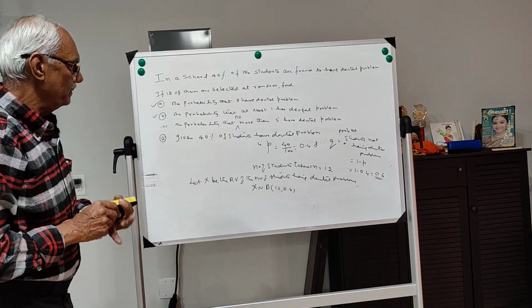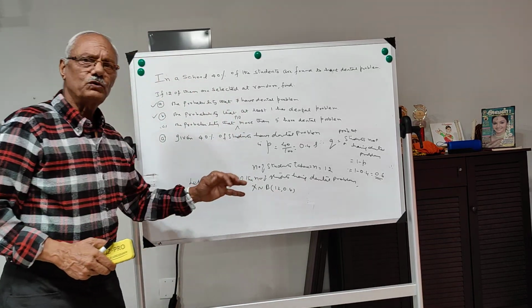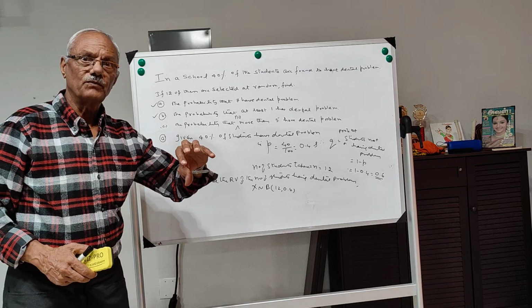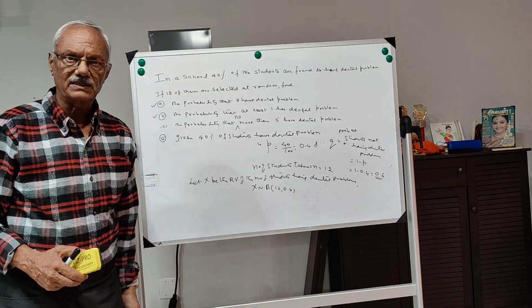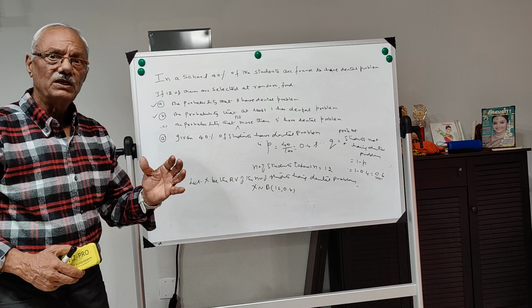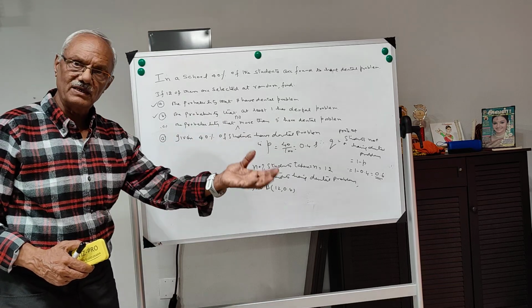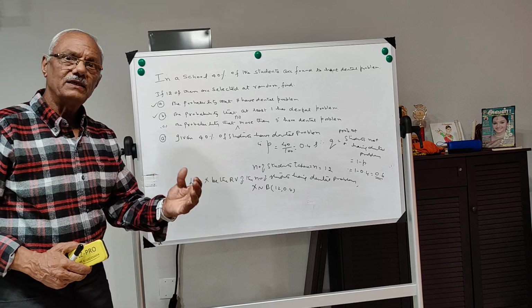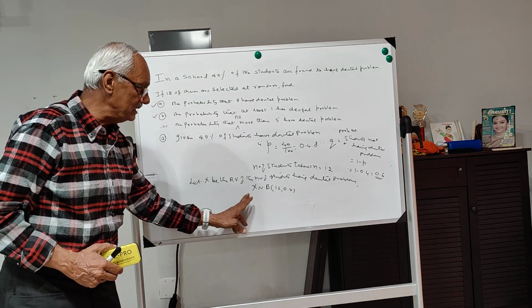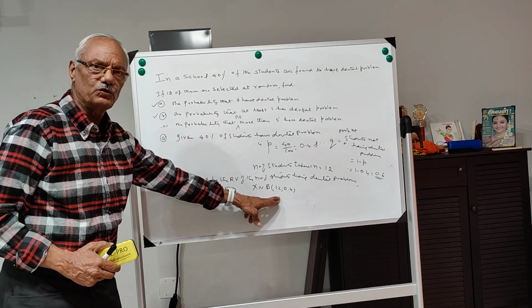So I am able to formulate what is that random variable X. X is a random variable which merely tells me the number of students who have dental problem, and this random variable follows binomial distribution.